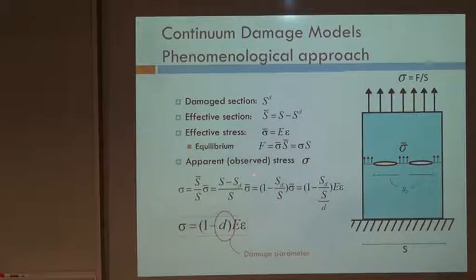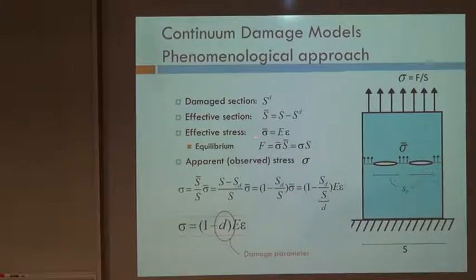By the way, the total force that we exert from the exterior on this cross section, which is the product of the apparent stress times the total section, F equals sigma times S, by equilibrium has to be equilibrated by the effective stress, sigma bar, multiplied by the effective, resisting, non-damaged part of the cross section, S bar.